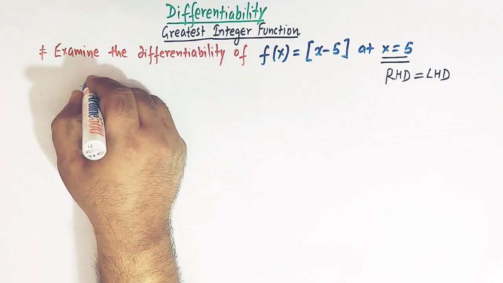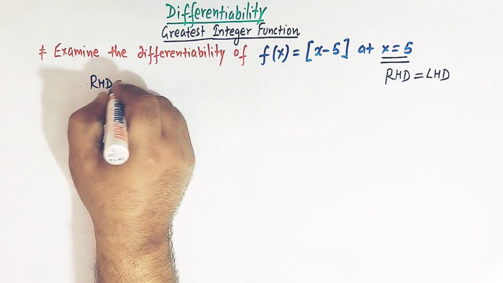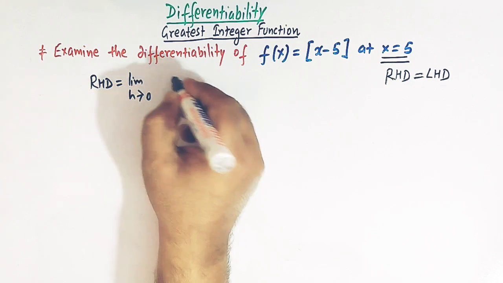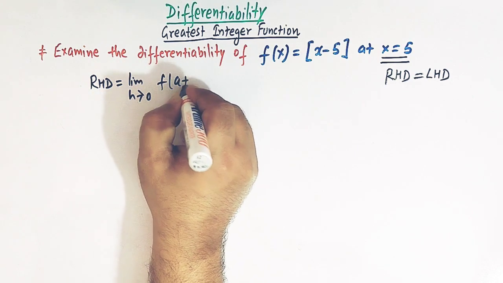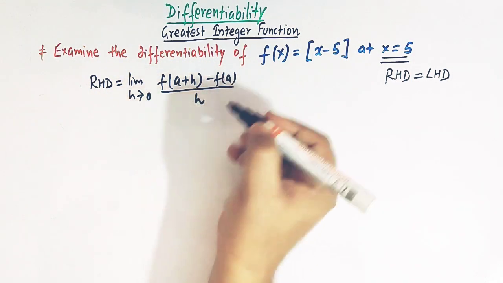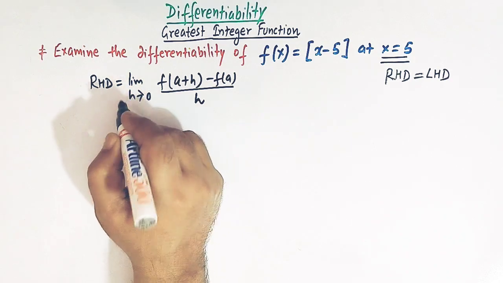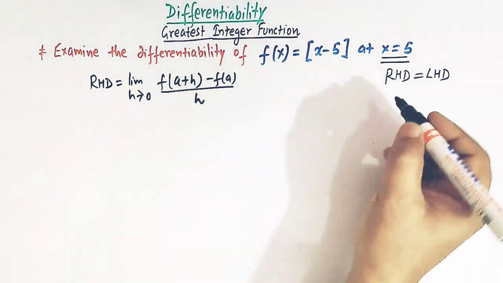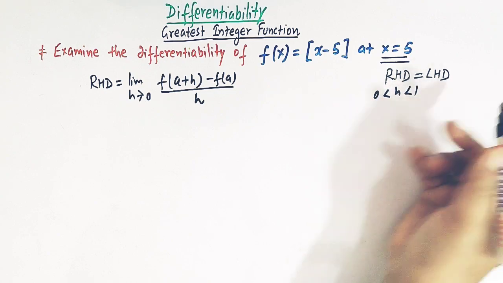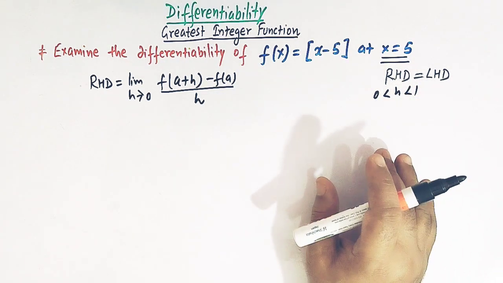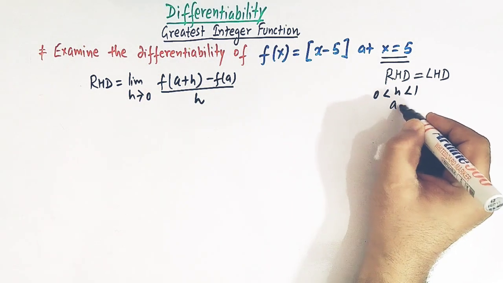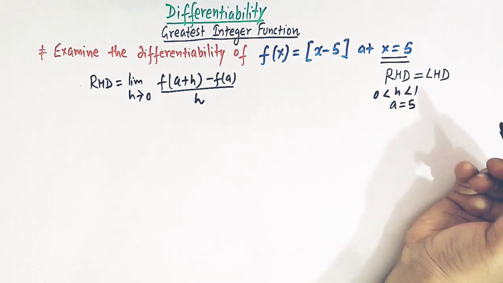Now the right hand derivative is defined by the limit h tends to 0 of f of a plus h minus f of a divided by h. Here h is a positive quantity which lies between 0 and 1, and moreover h is infinitesimally small. Here a is the given point, that is 5.